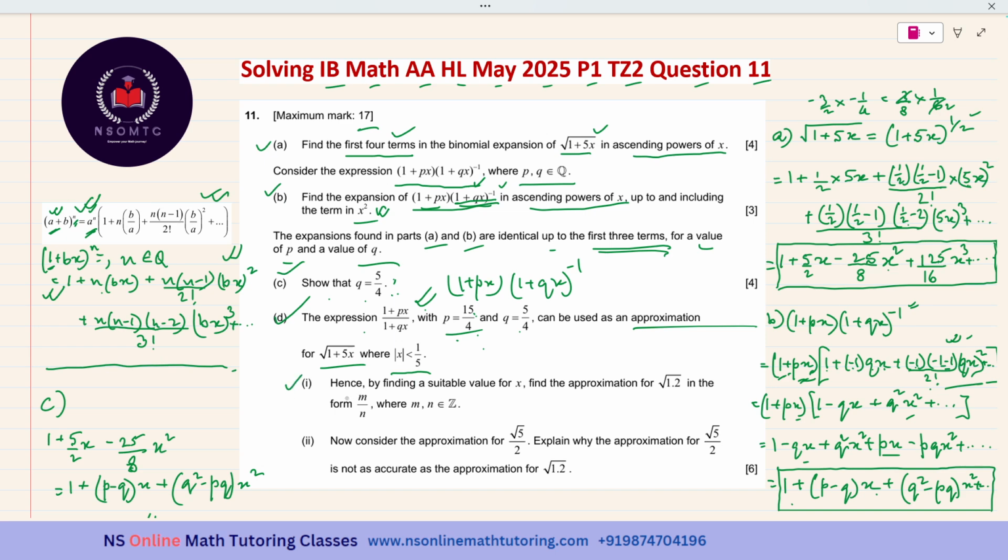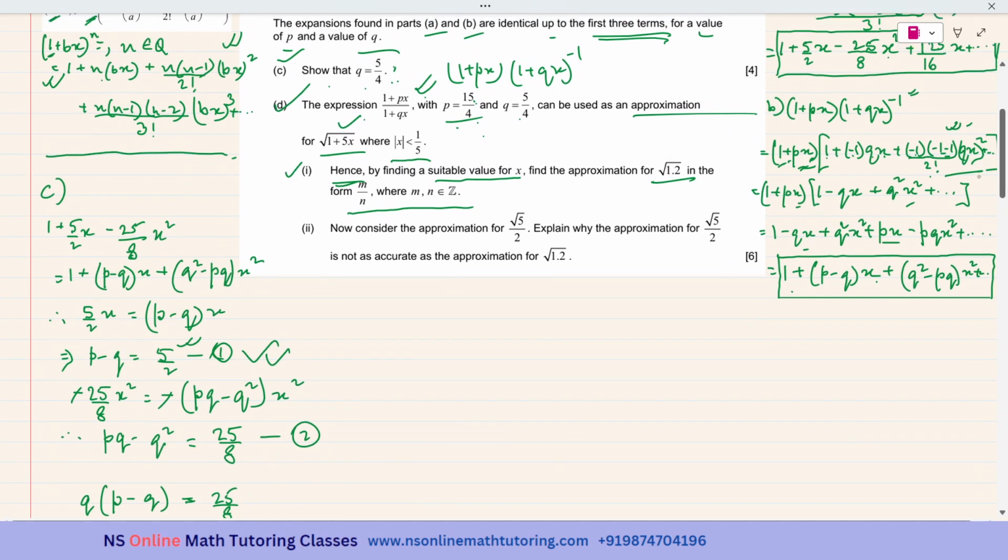Subpart I says, hence, by finding a suitable value of x, find the approximation of the square root of 1.2 in the form m over n, where m and n are integers. Okay, we have the square root of 1 plus 5x and we have to get the square root of 1.2.